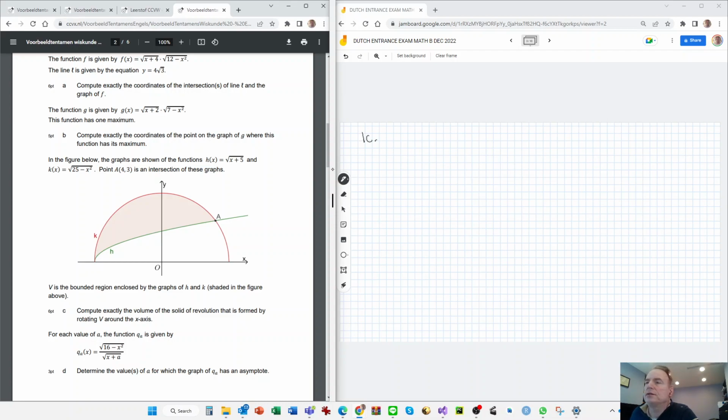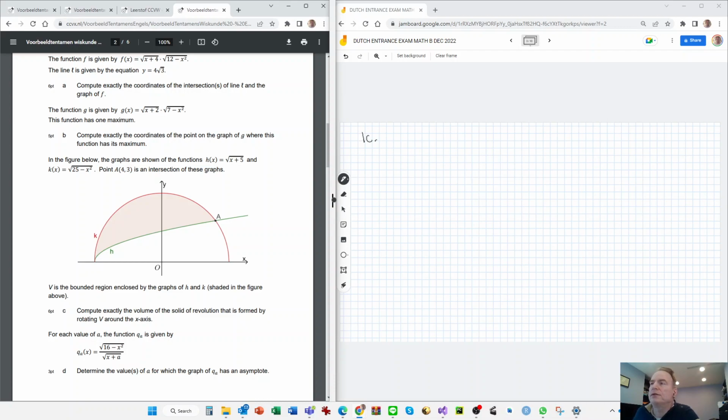the integral from, let's see, well, we also need to find the intersection here. They just give the intersection here.